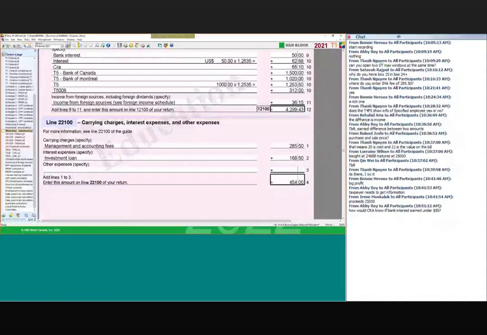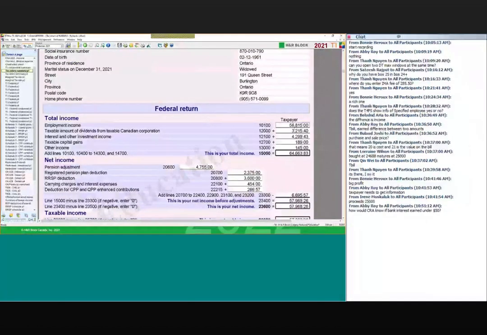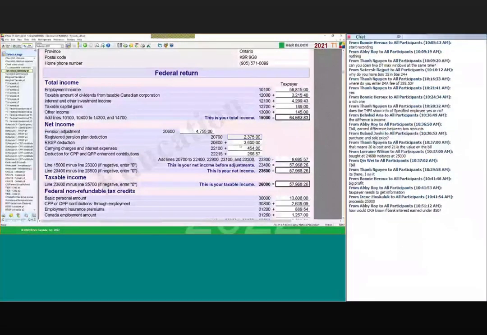Then let's look at her tax return. Her tax return here shows her employment income and all the dividend income. Again, I may have stuff in here that you don't have, so we're not doing this exercise for accuracy, but we do see the carrying charges deducted online. I just wanted to show you that.